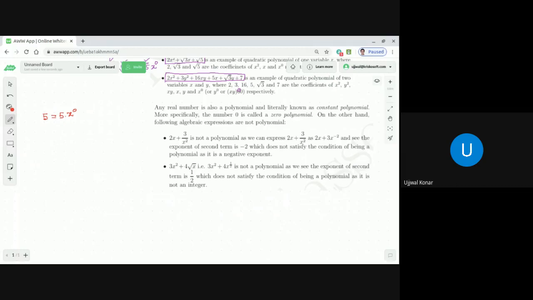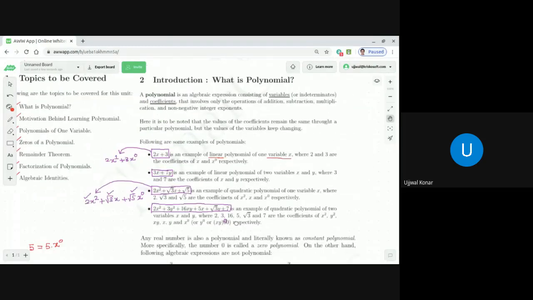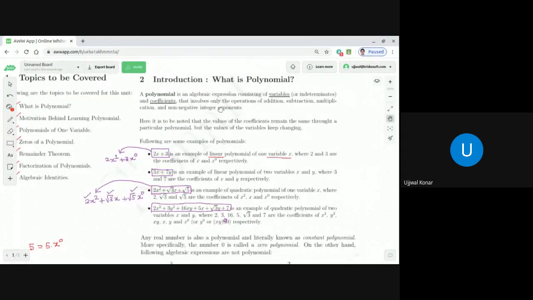For example, 2x plus 3 by x square is not a polynomial, as we can express it as 2x plus 3 times x to the power minus 2. And see, the exponent of the second term is minus 2, which does not satisfy the condition of being a polynomial, as it is a negative exponent. If you go back to the definition of a polynomial, what is that?